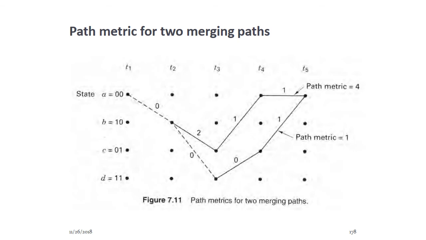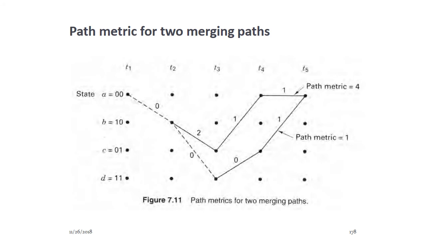Path metric for 2 merging paths. By merging the 2 paths, only one path at the particular node is kept, which has the lower metric. In case there are 2 paths having the same metric, then any one of them is continued. Observe that at node A12, for example, only one path arises with metric 2.